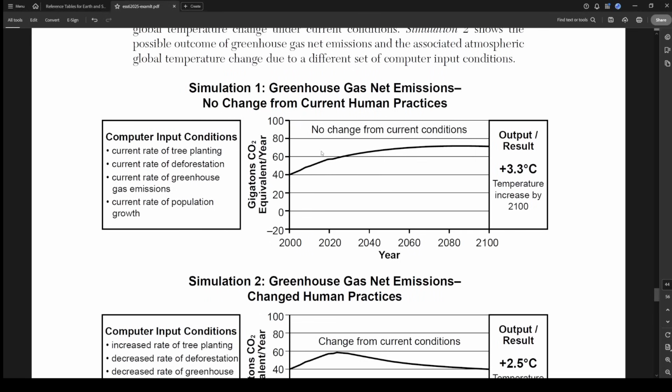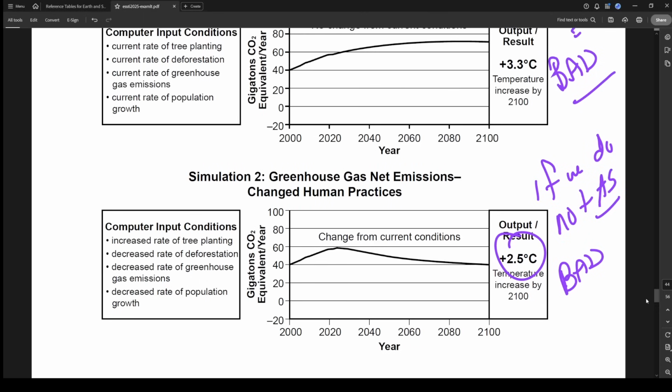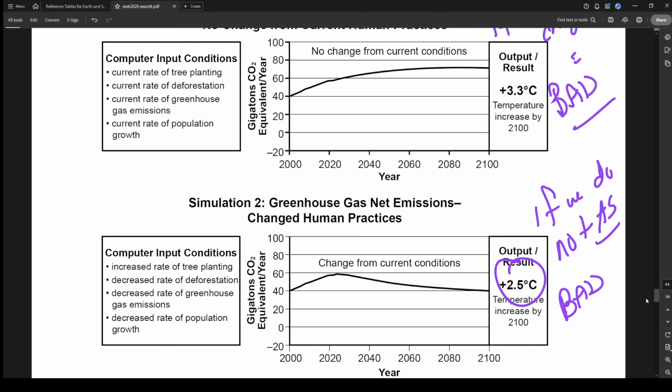Okay, so they're pretty much saying, if we don't change or do anything different, bad. If we do change, not as bad. We're still generating a net increase. But remember, the Earth naturally goes through warming and cooling cycles.